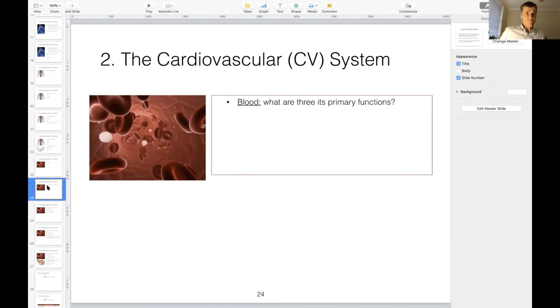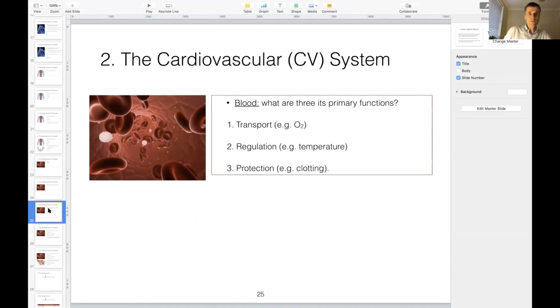Another question: what are the three primary functions of blood? Very much in keeping with the main function of the cardiovascular system, blood serves to transport various things.